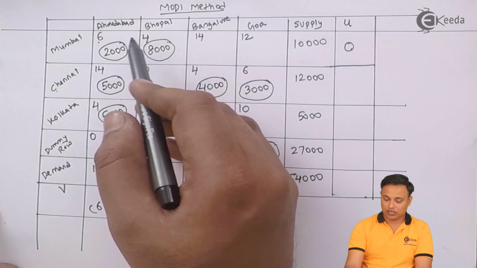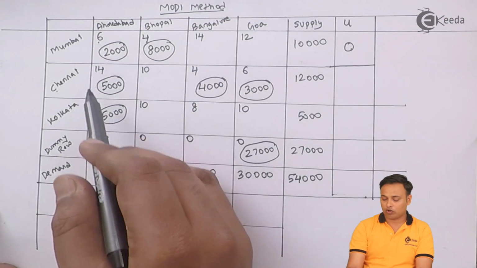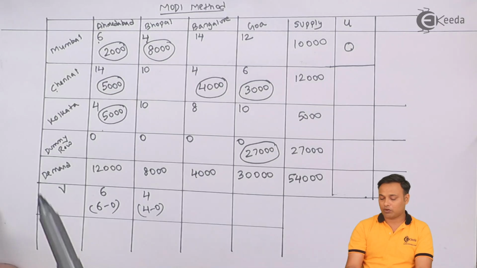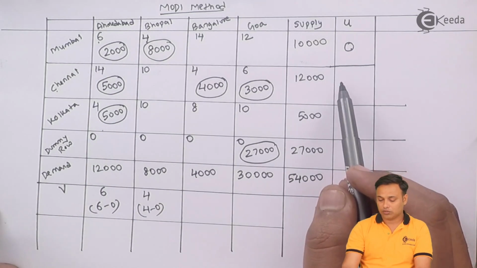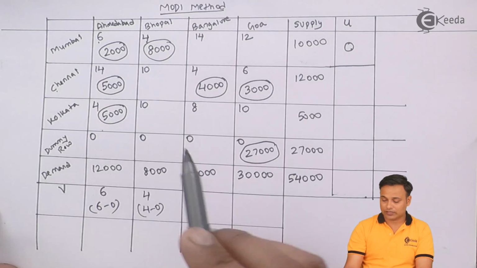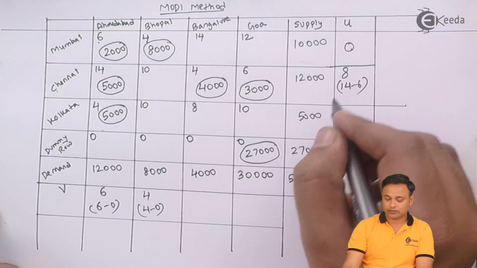Now in the first column against 6, we have two more occupied cells. So now I will do cost minus V. I will get the corresponding U. So 14 minus 6, it will be 8.